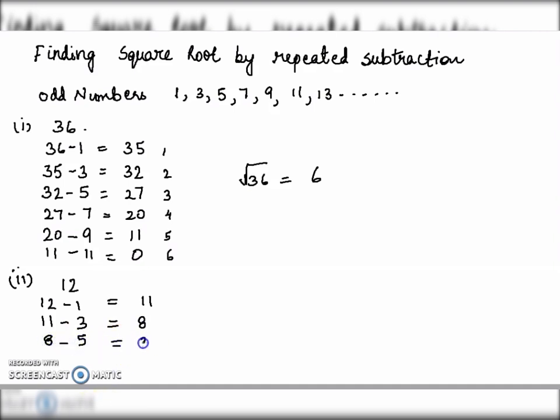So which is 3. The last step will be 3 minus the next odd number after 5, which is 7. So this will give me minus 4. I am not getting 0 over here. I am getting minus 4. So therefore, this is a non-perfect square because I don't get 0 in the last step. So 12 is not a perfect square.